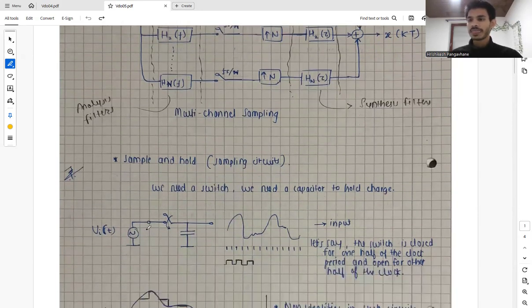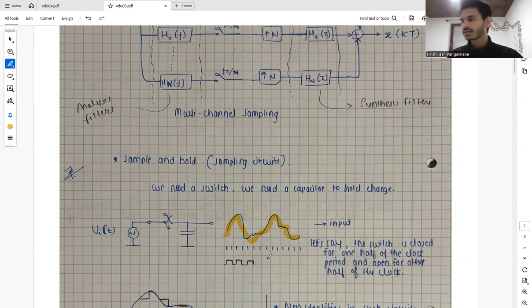So then we have our input signal, which is a function of time, continuous in time basically. Then we have our switch and we have our capacitor to hold the charge when the switch is turning on and turning off.